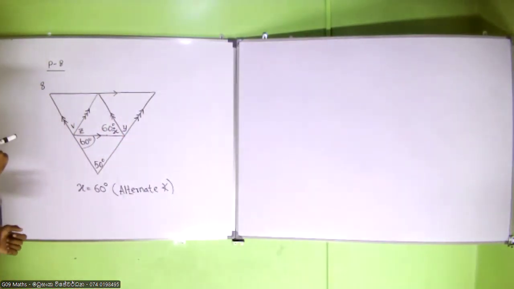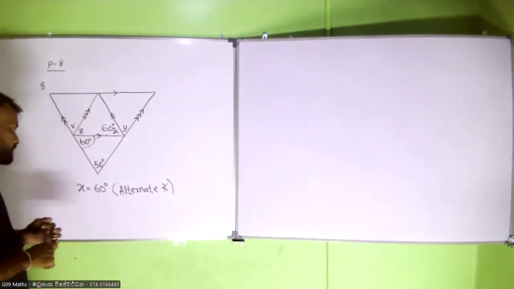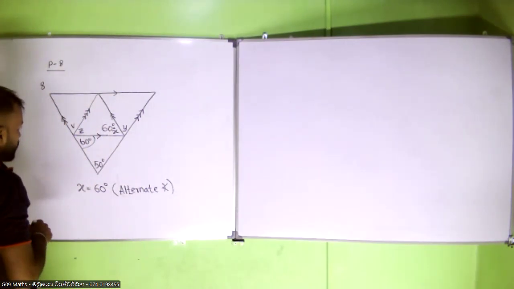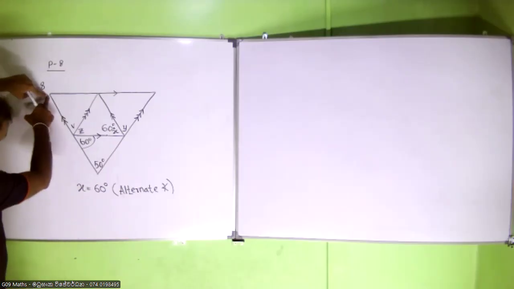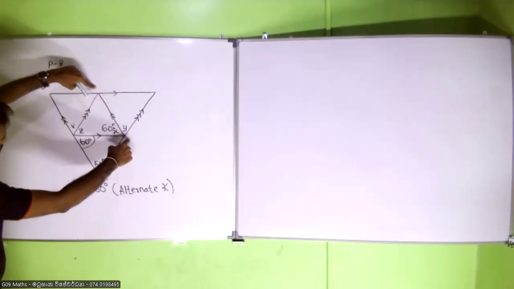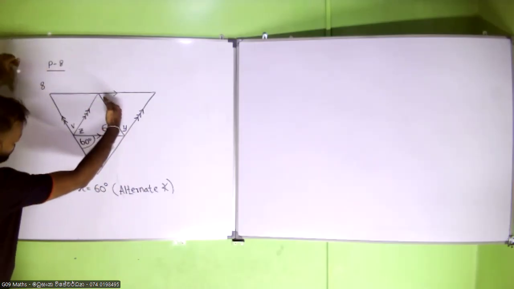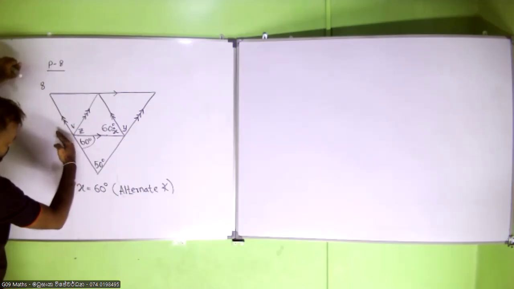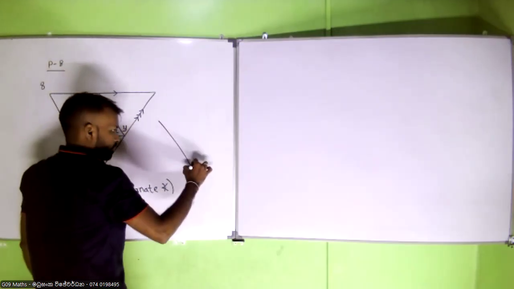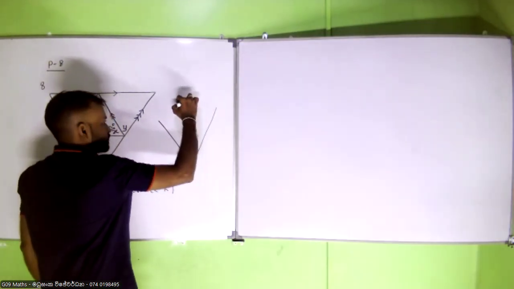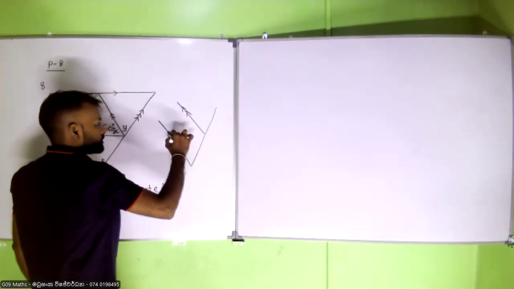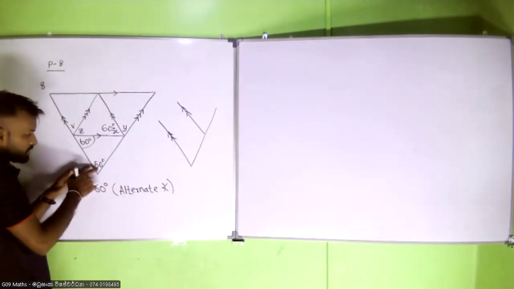Let's see something like corresponding angles. You can see this line is parallel to this line. I will draw these two lines separately. They are parallel, so this one is 50.